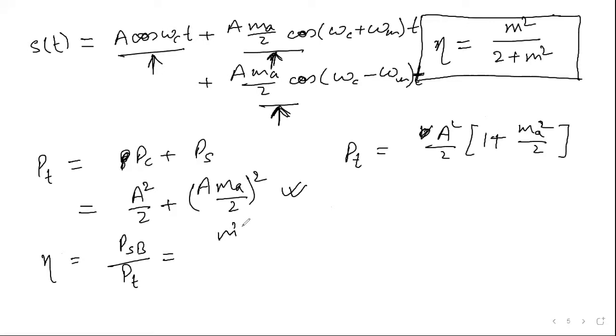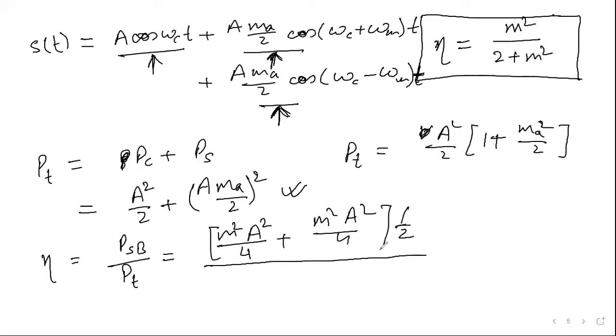We have calculated m square A square by 4, that is, for both the sidebands, m square A square by 4 plus m square A square by 4, and this will be divided by 2 because when we are evaluating that portion, we have a portion of cos square theta, which is taken as 1 plus cos 2 theta by 2. So because of that 1 plus cos 2 theta by 2 part, this 2 has come.